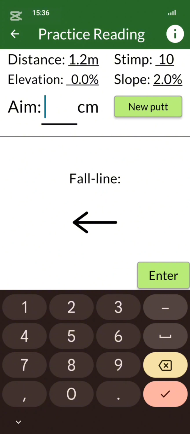So we know that the step is 6, so that means that we need to increase the aim with 6 centimeters for every half meter of putt distance. So if we divide 6 by 5, you get the number of centimeters we need to increase for every decimeter. And 6 divided by 5 is about 1. So what we can do is take the aim for a 1 meter putt and then add 2 centimeters.